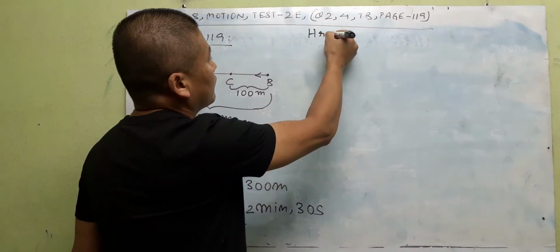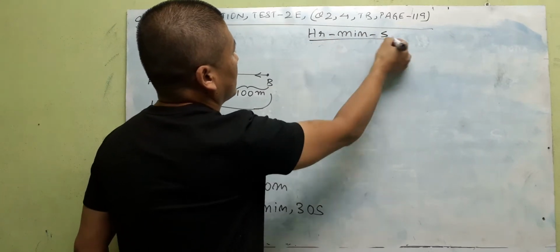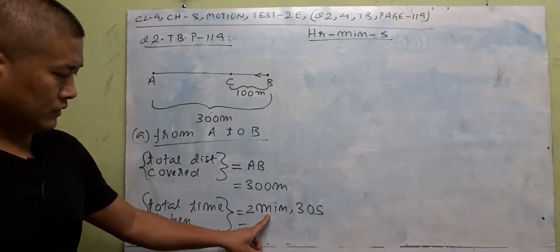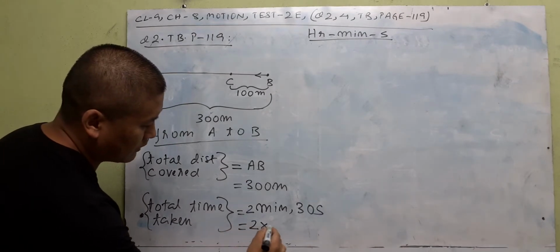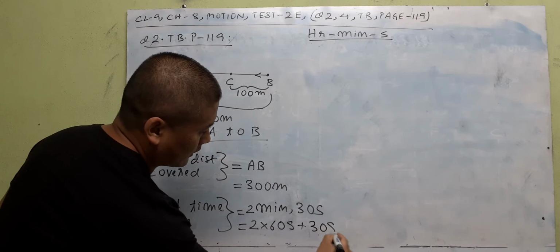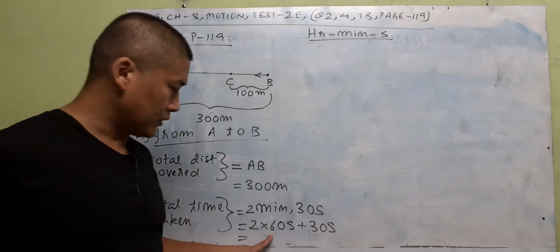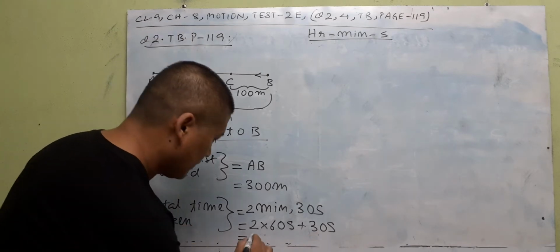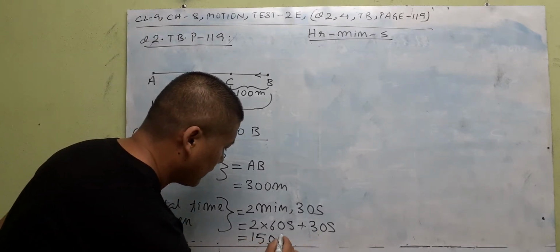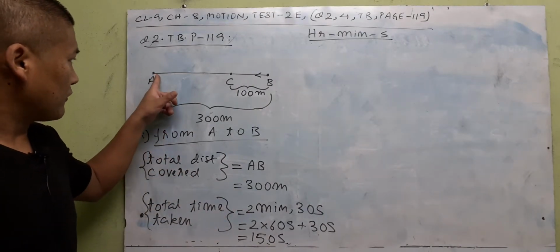For which we already know 1 hour is 60 minutes, and 1 minute is 60 seconds. We know this. So if you want to change this minute to second, we need to multiply by 60 seconds plus 30 seconds, which is equal to 2 6s are 12. So 120 plus 30, which is simply 150 seconds is his total time from jogging from A to B.